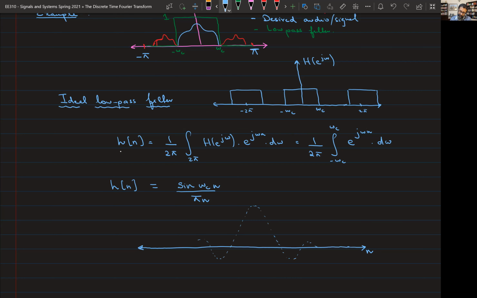But what it is going to be are these samples, right? So this is what the filter is going to look like. And then just as discrete samples of the sinc pulse. And this is 0. And this is even, and this is real, and this extends infinitely in both directions.